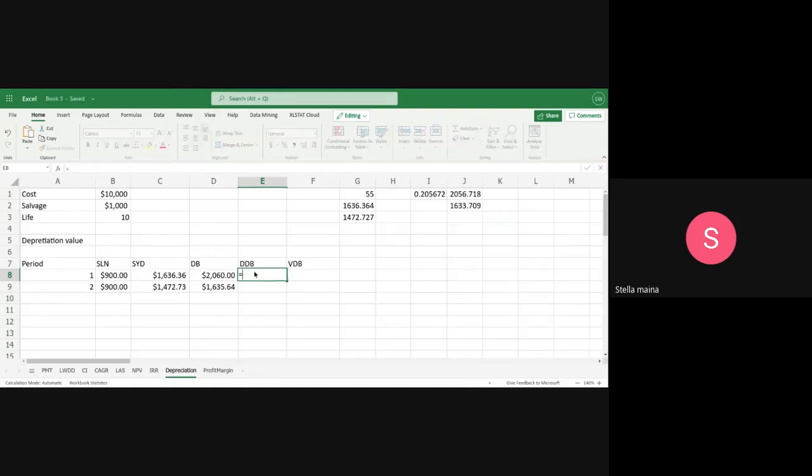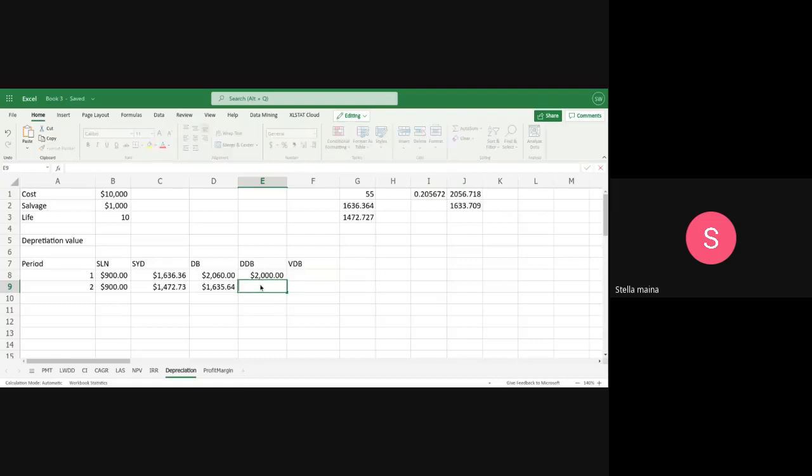To get this, we just say is equals to DDB into the cost, which is B1, comma the salvage, which is B2, comma the life, which is B3, comma the value of the period, which is A8, sorry, because we're getting this period. Okay, so we get 2000.